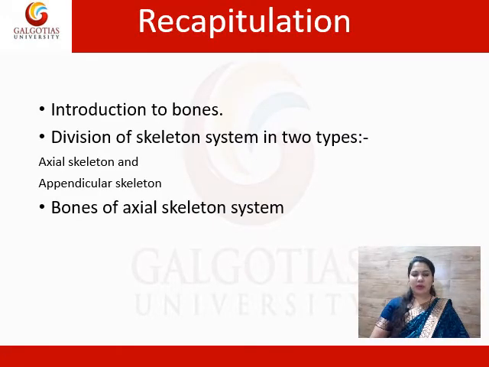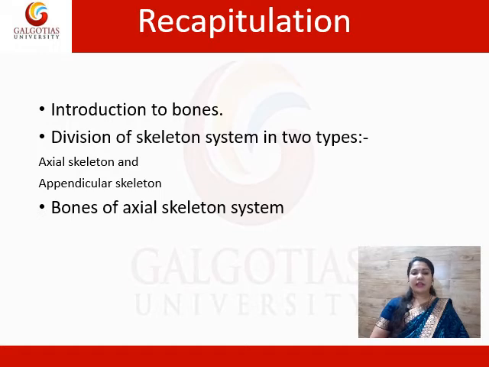Before we discuss today's class, here is the recap of our previous class. In our previous class, we discussed the introduction of bones. We discussed what bones are, what the functions of bones are, and the division of the skeleton system into two types.